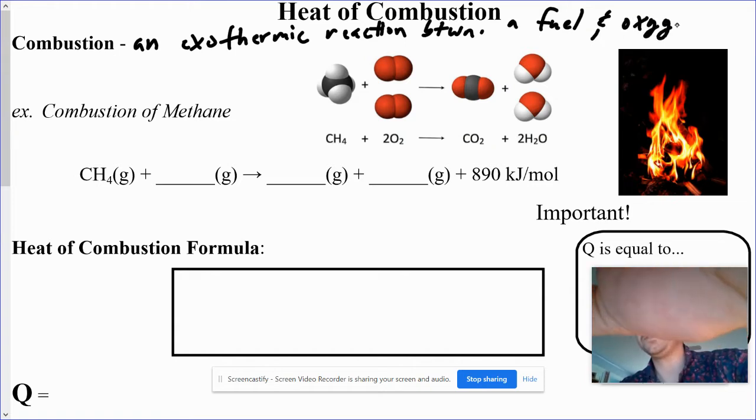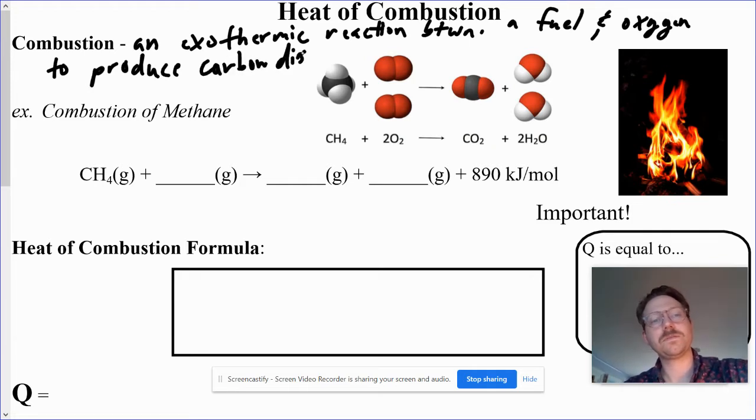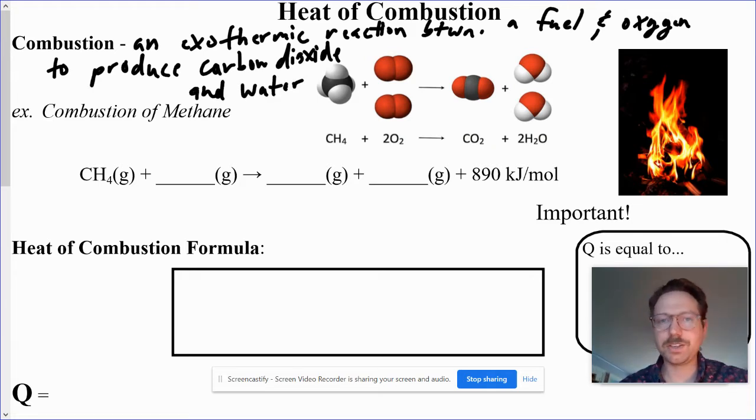Don't forget oxygen, to produce the products of carbon dioxide and water.